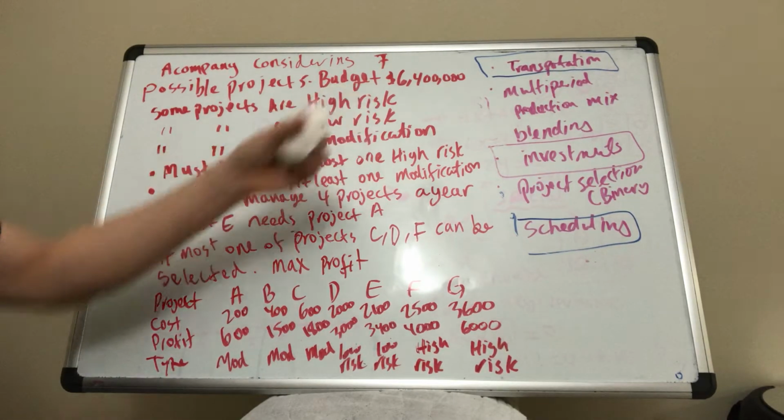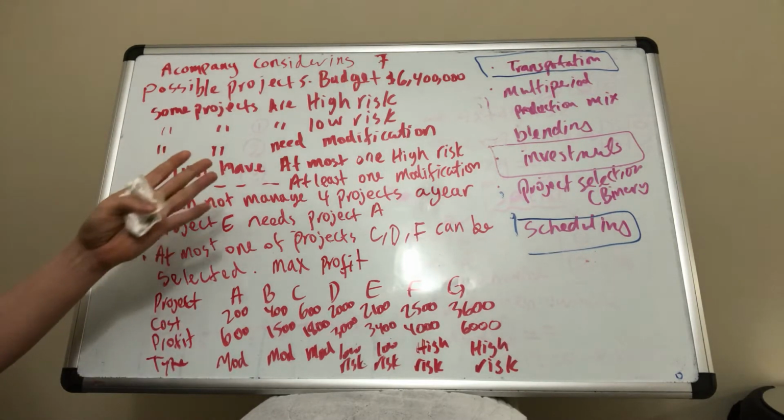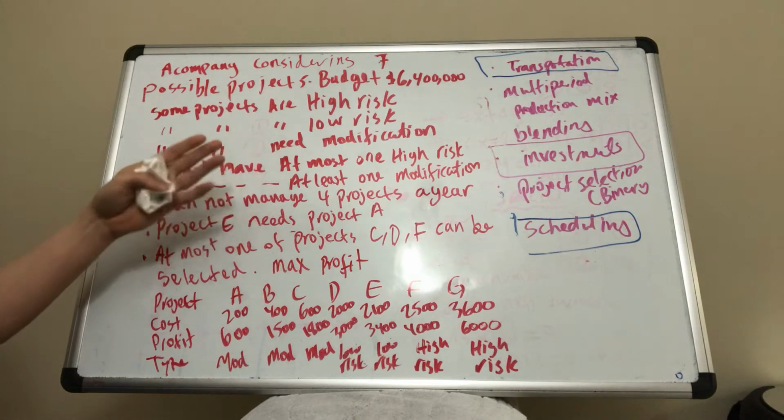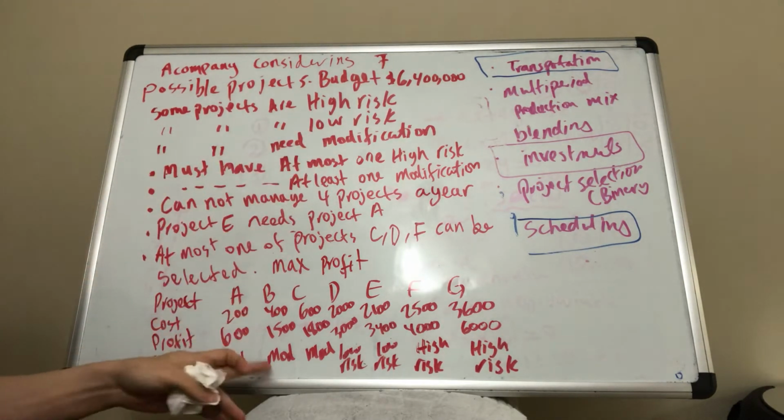They have a budget of $6,400,000. Some projects are classified as high, some low, and some projects need modification, so they're classified as mod.